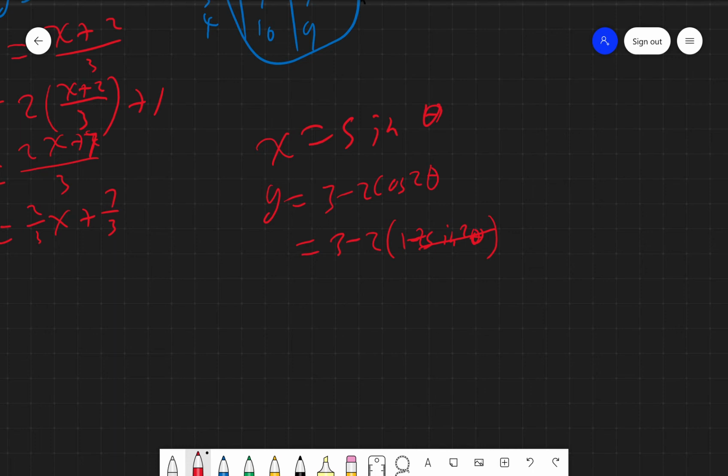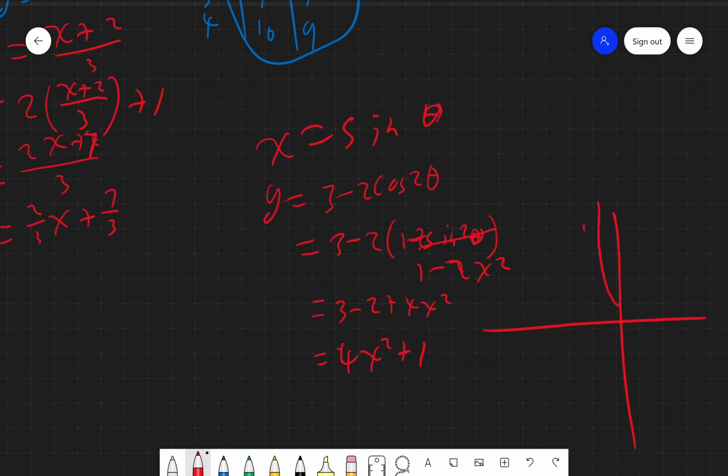So sine squared of theta is x squared. So now we have 1 minus 2x squared, and now that's equal to 3 minus 2 plus 4x squared, which is equal to 4x squared plus 1. Yay! So isn't it just a graph of 4x squared plus 1? Right, isn't it like that kind of?